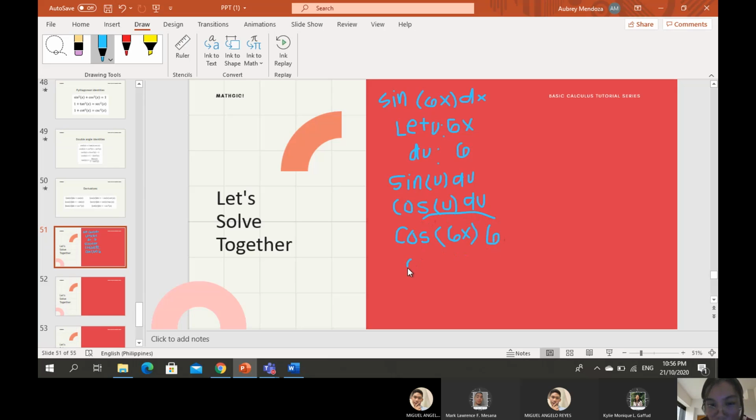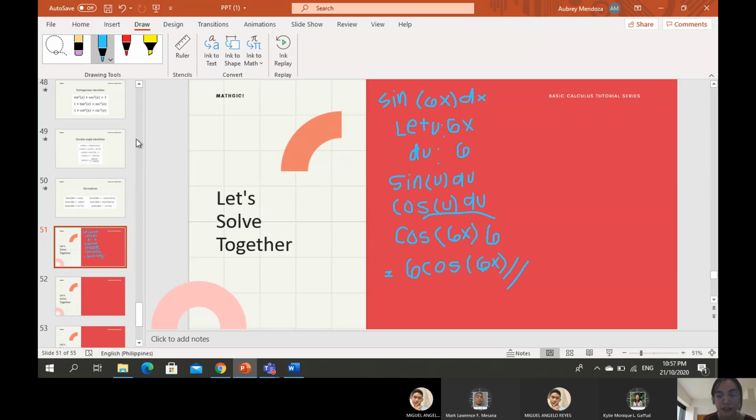So it will become 6 cosine 6x. So this is the final answer.